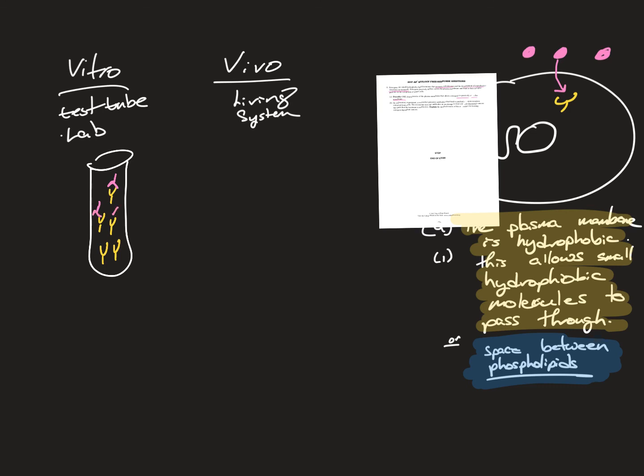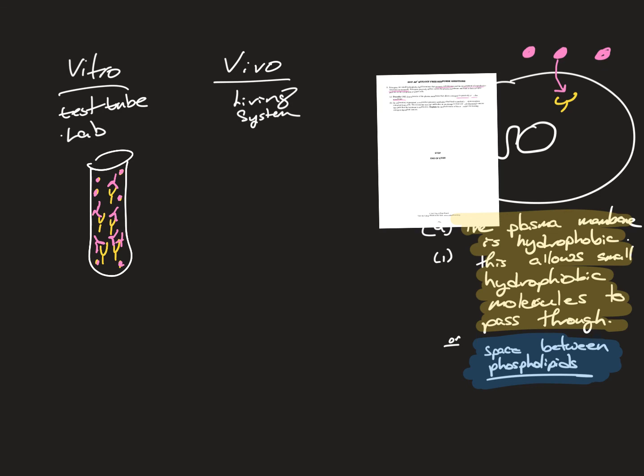For sure, you can add estrogen all day to these and they're not going to bind because the antibodies have bonded to the receptors. There's no way they're going to be able to bind to the receptor because the antibodies would block it. Well, that would work in a test tube.